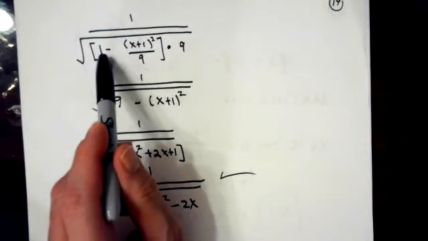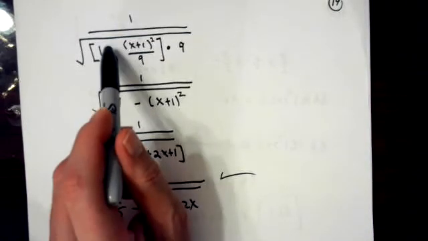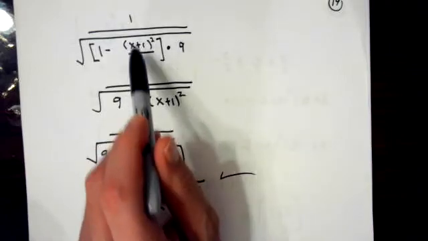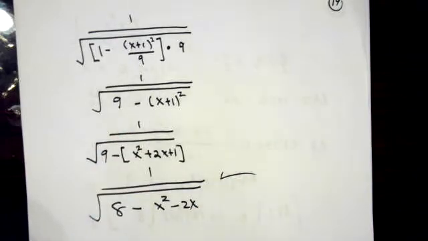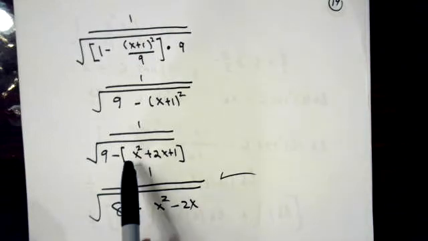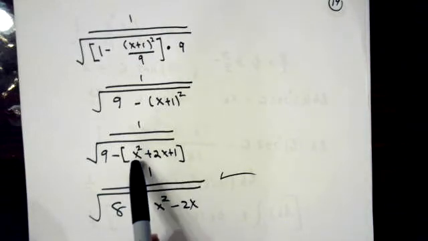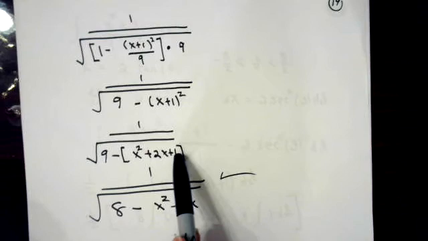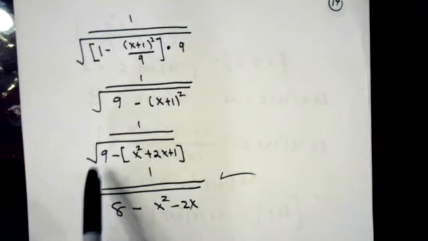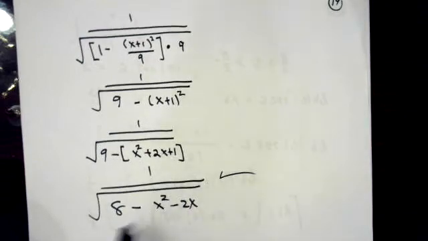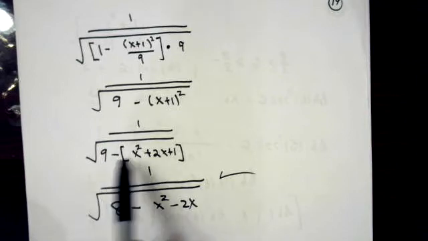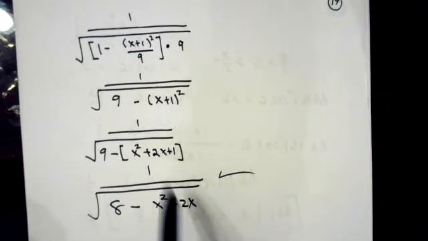This is 9 times 1, which is 9, minus 9 times something over 9, which is just the something. The thing that I'm subtracting away from 9 is x squared plus 2x plus 1. So we have 9 minus 1, which is 8, minus x squared minus 2x, and that is correct. That is the thing that we were integrating.